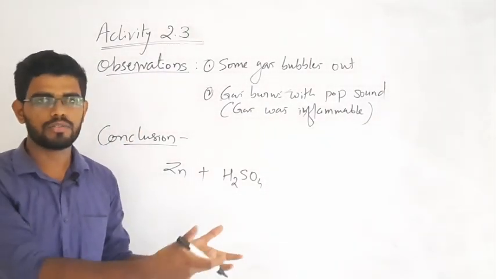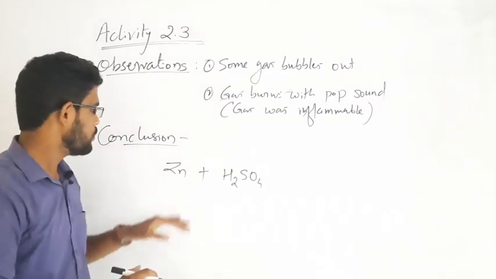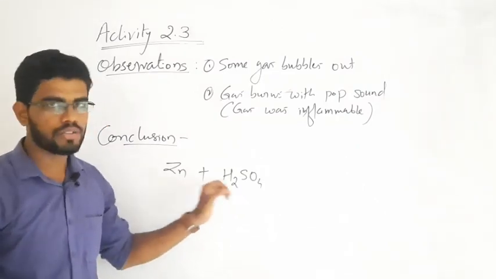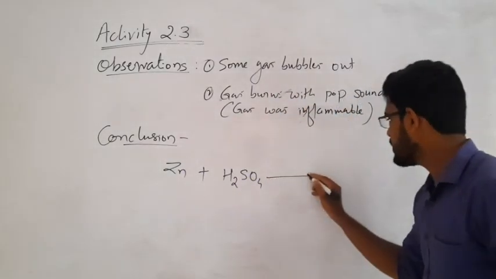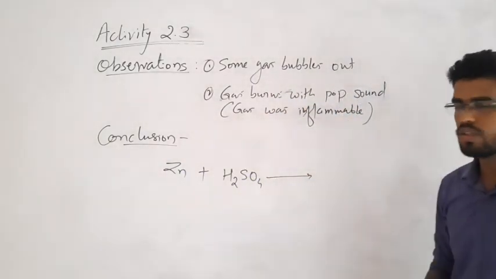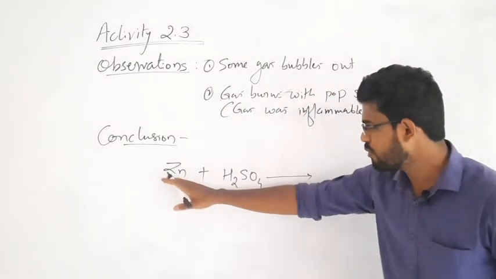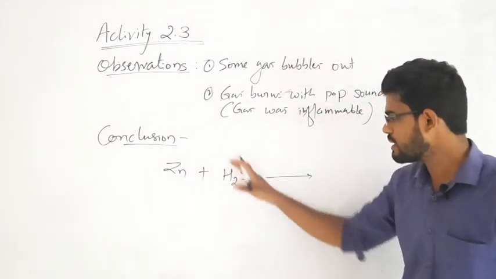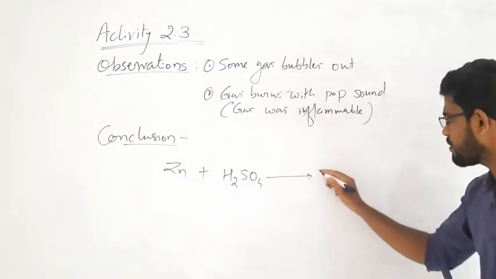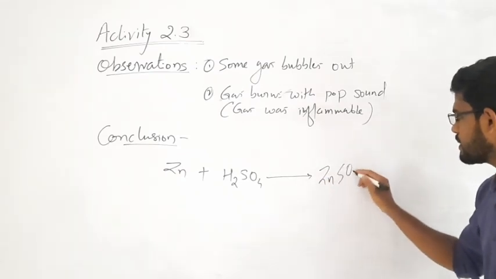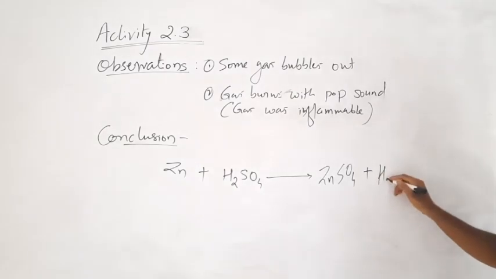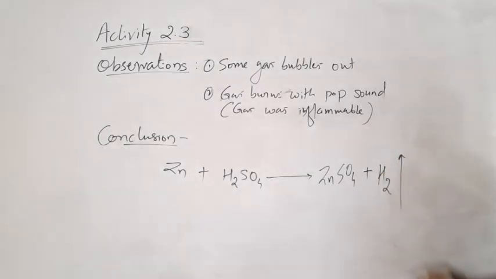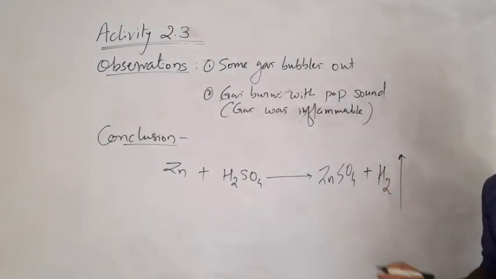So zinc, when we react with dilute H2SO4, what happens? This is actually a displacement reaction where the zinc, being more reactive, will displace the hydrogen from the compound. What will we get? We'll get zinc sulfate formed, and this hydrogen will be kicked out. That hydrogen gas will be released from the reaction.